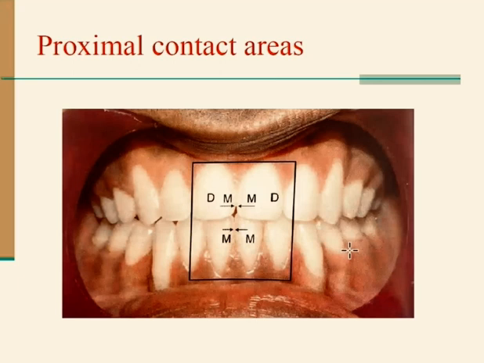The other exception is the mandibular permanent central incisor, where both are at the same level. The mandibular central incisor is a mirror image, mesial at the same level as distal. It seems as an exception. The other exception is the mandibular 4, or mandibular first premolar.